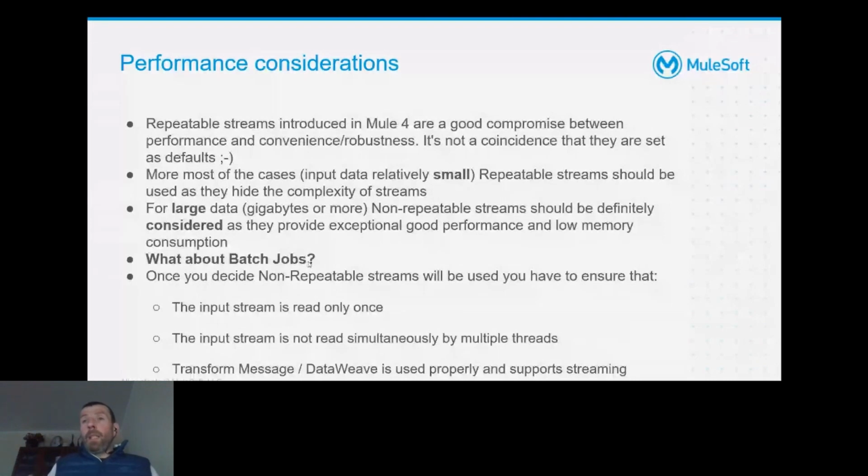Sometimes the architect will choose streaming. Sometimes he will choose batch jobs. It depends. Yeah, they are different, but still, batch jobs is of course a good solution for processing large data.